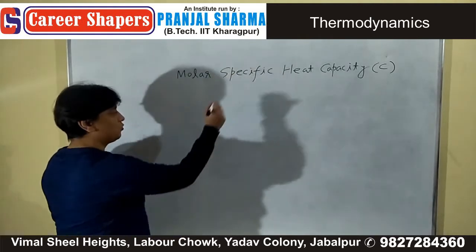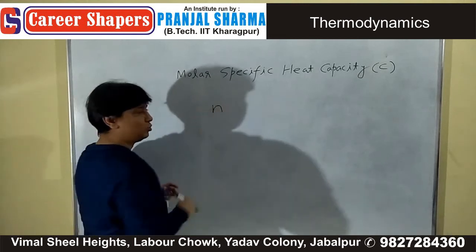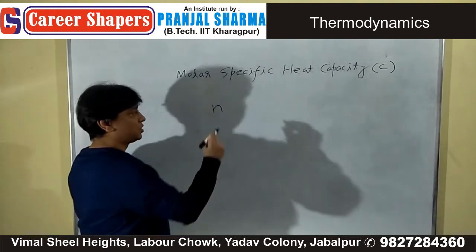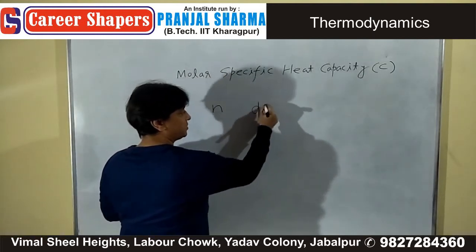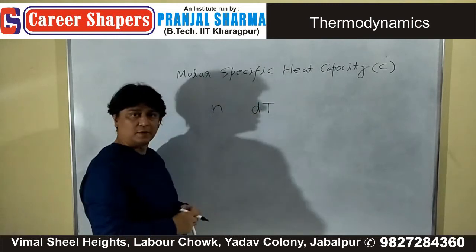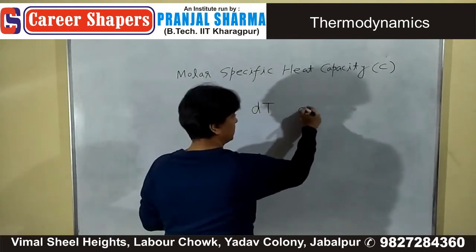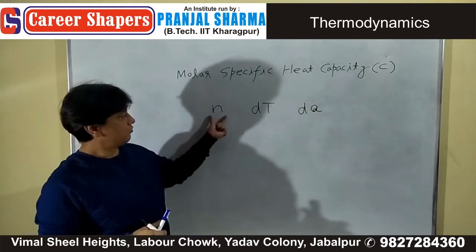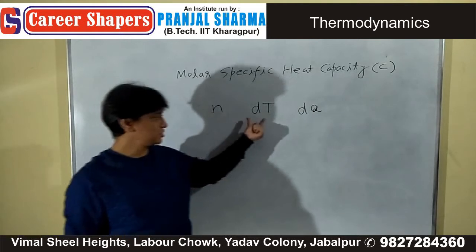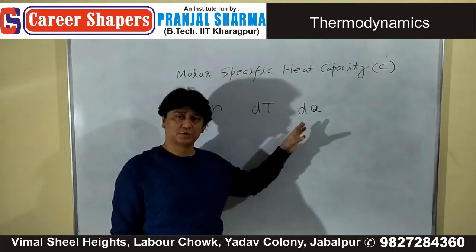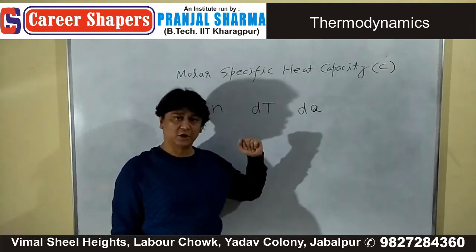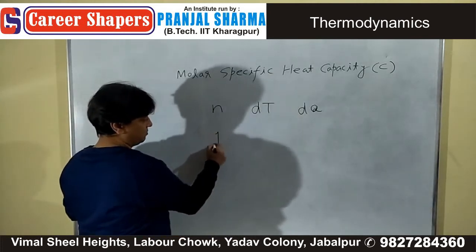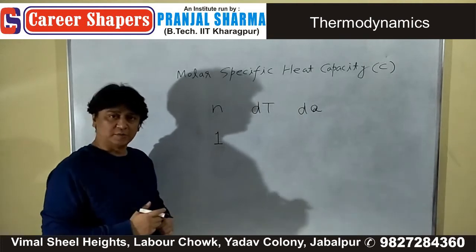Suppose we have n moles of a gas, and for n moles of gas, to raise the temperature by dT, heat supplied is dQ. For n moles, temperature is raised by dT, and in the process you supplied dQ heat. And if I ask you for 1 mole, how much heat will you supply?